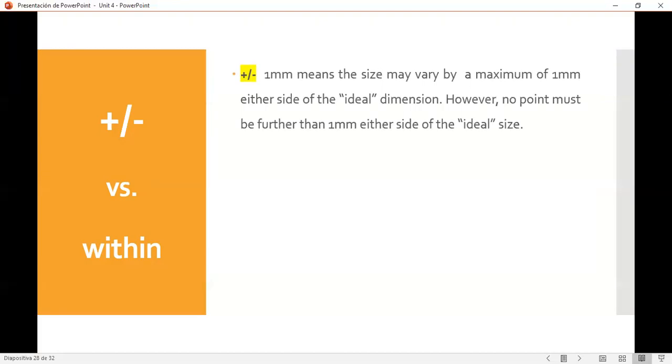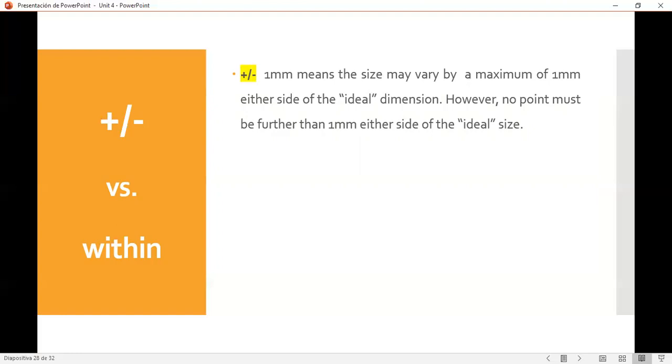Okay, so as an example, if we have a steel bar, imagine the diameter of the steel bar is 100 millimeters. That means 10 centimeters. And we have a plus minus variation of 1 millimeter.